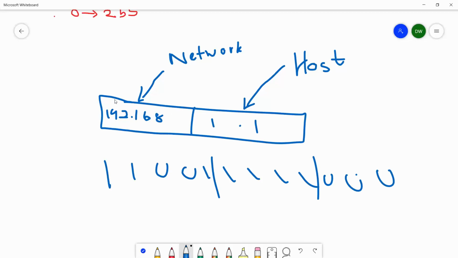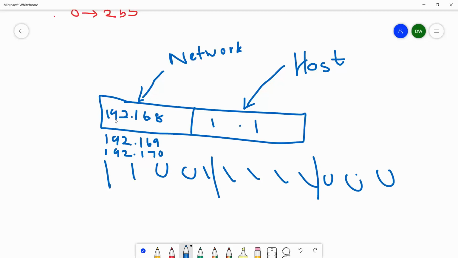So this means the 192.168 network. If you increase this side by one, it will become 192.169, and another 192.170, like that. This number can change. When this number changes, these are separate networks, not separate machines, separate networks.